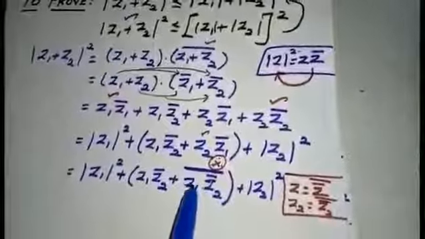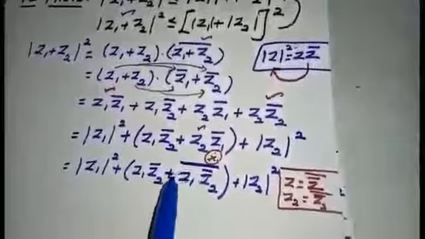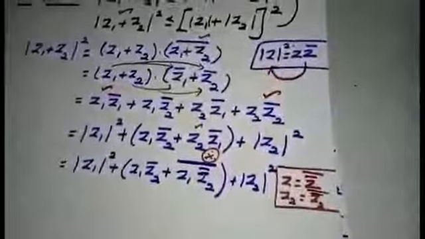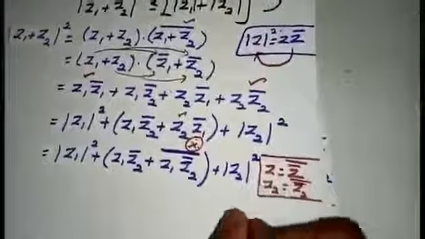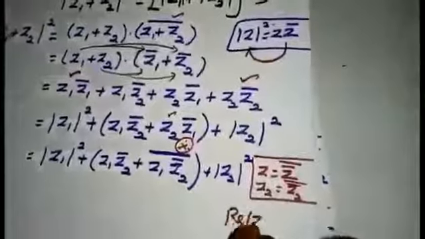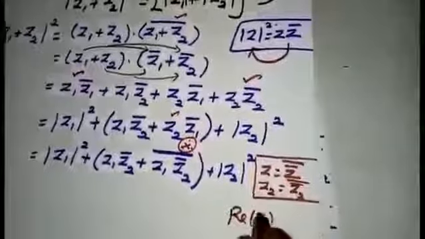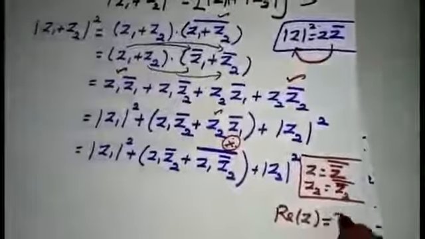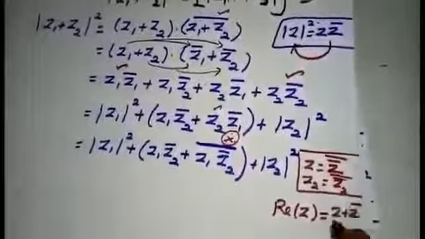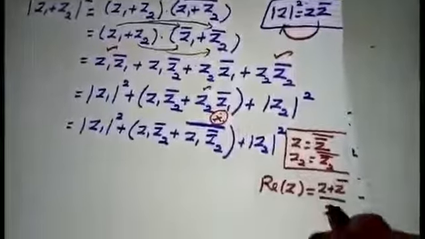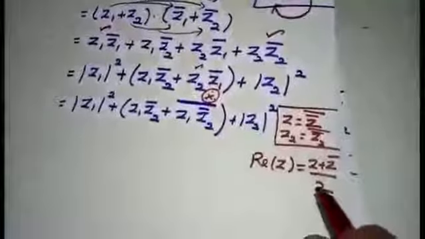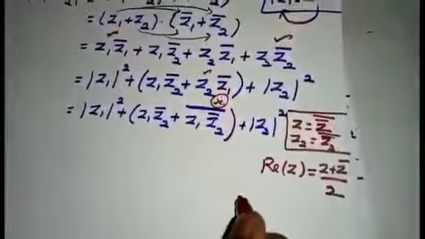Do the calculation correctly. Next, what I am going to do is, I am going to take another property. That is, we know that the real part of Z is nothing but Z plus Z bar by 2. Now, if I cross multiply this 2, shall I write like this?